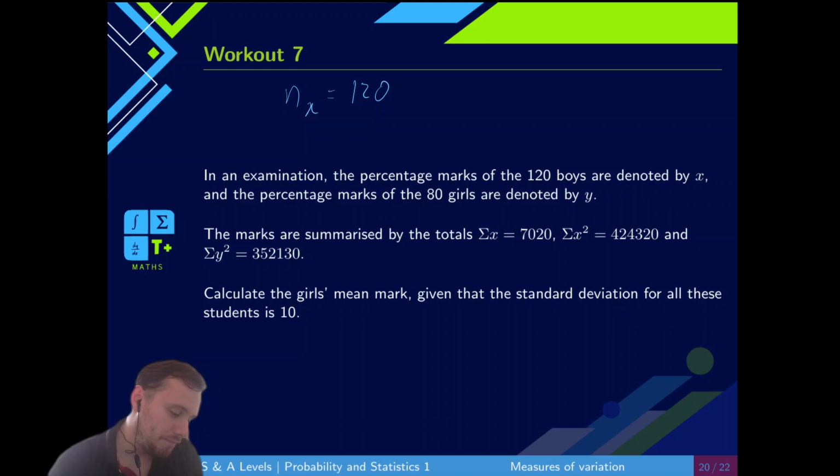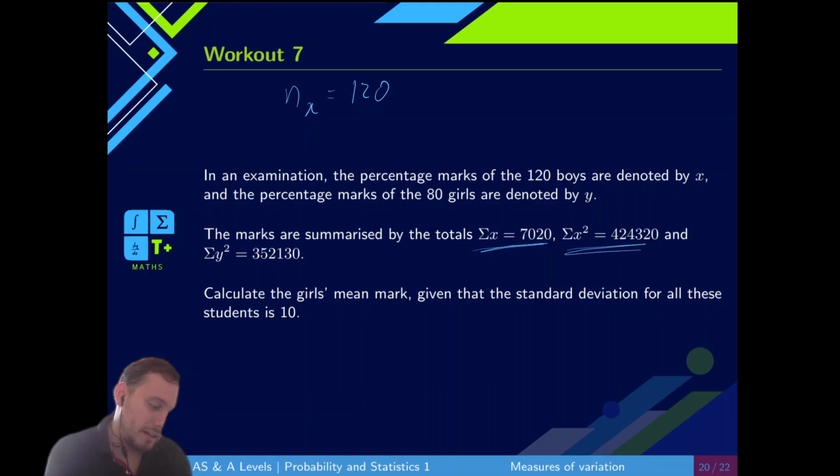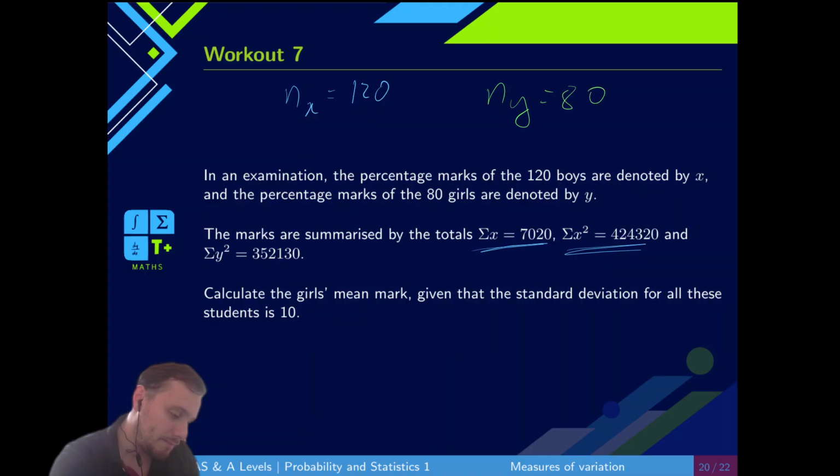And we have that the sum of x is 7,020. The sum of x squared is 424,320. Then the amount of girls, that's going to be ny, is 80.